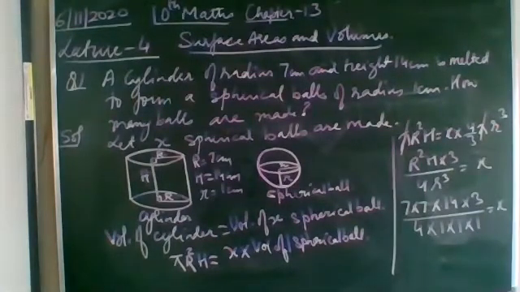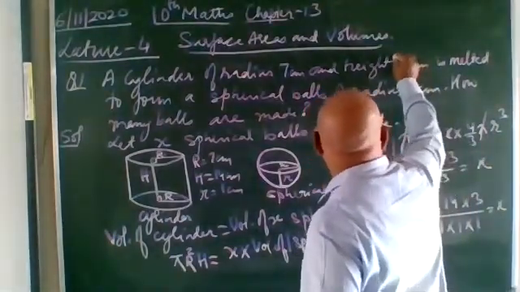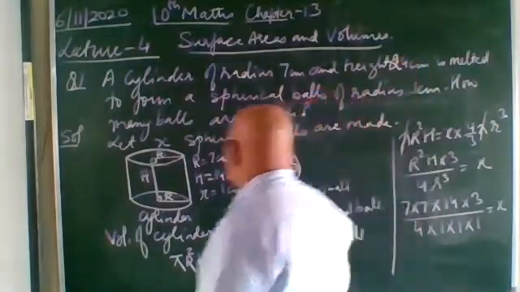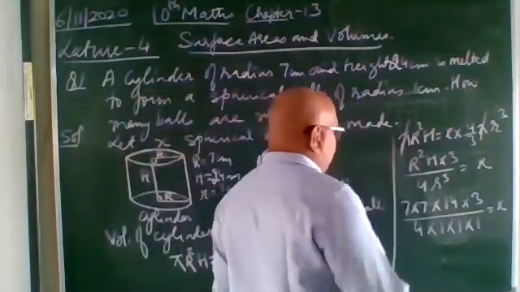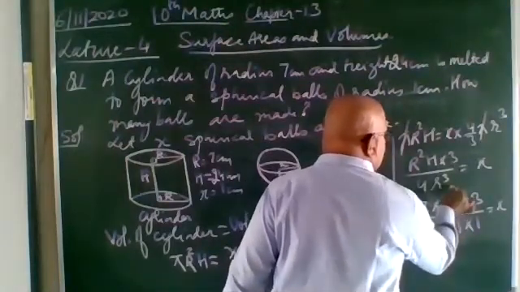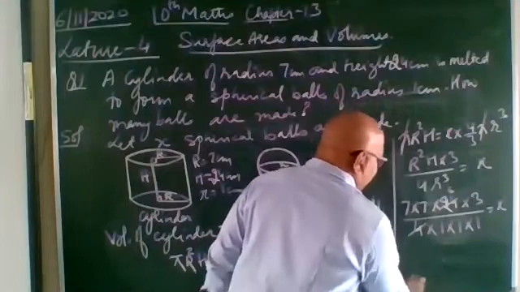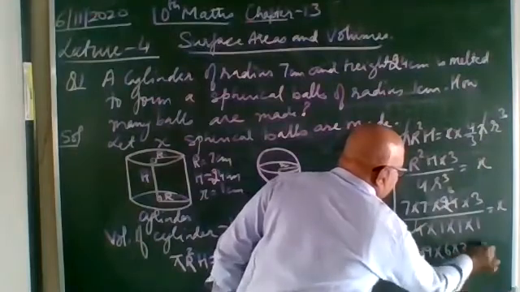So you can cancel here. 14 you can take as 28, so that the 4 and 6 cancel. 7 7 49, 49 into 6 into 3 equal to x.